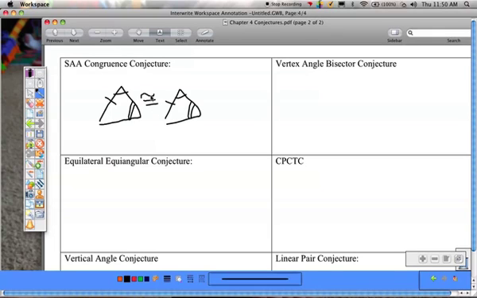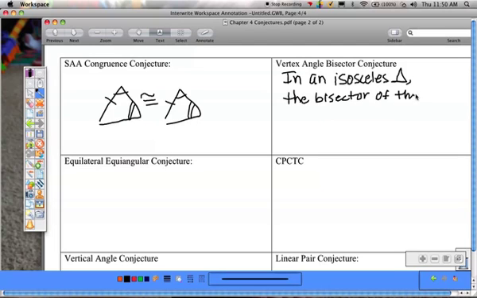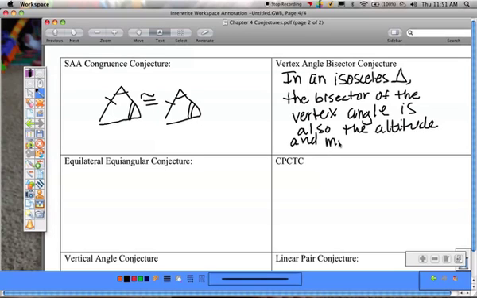The vertex angle bisector conjecture just says in an isosceles triangle, the bisector of the vertex angle is also the altitude and median to the base.